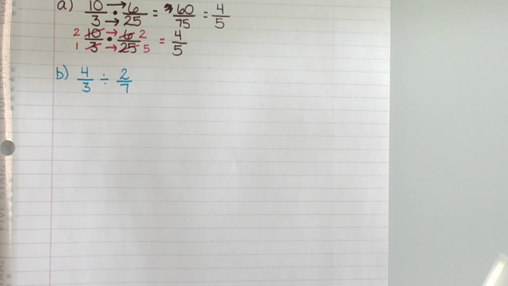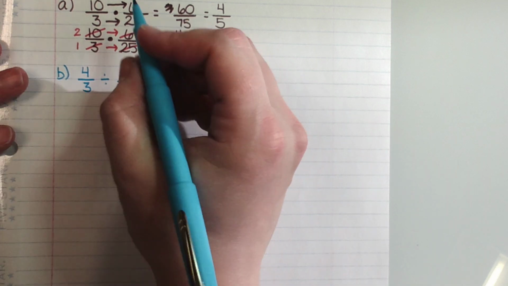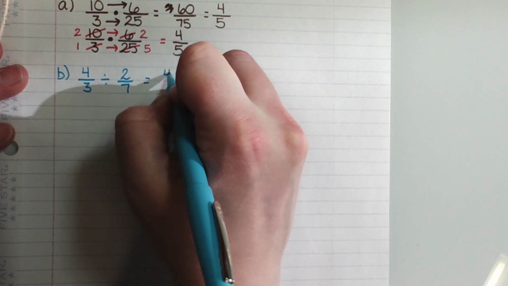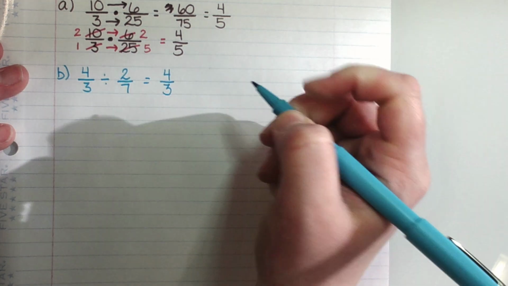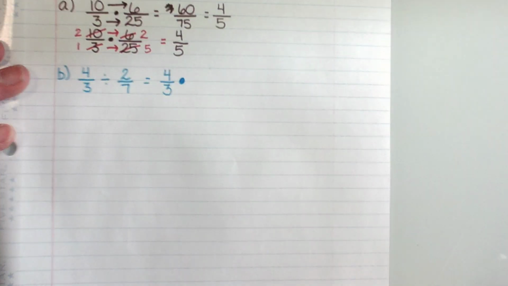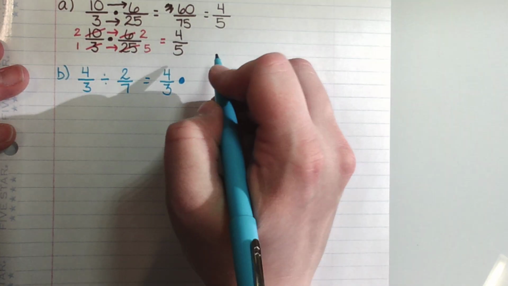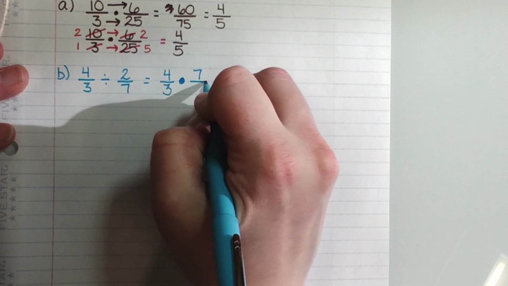Multiply by the reciprocal. Keep, change, flip. Sound familiar? Flip the second guy and multiply. Depending on who you had as a math teacher, technically it's multiply by the reciprocal. So what you do is you keep the first fraction what it was, change it from divide to multiply, and flip around the second fraction.